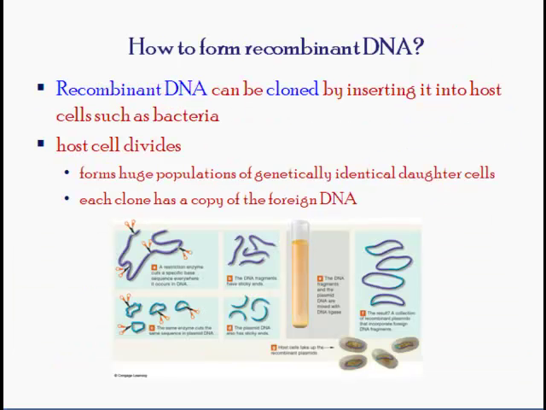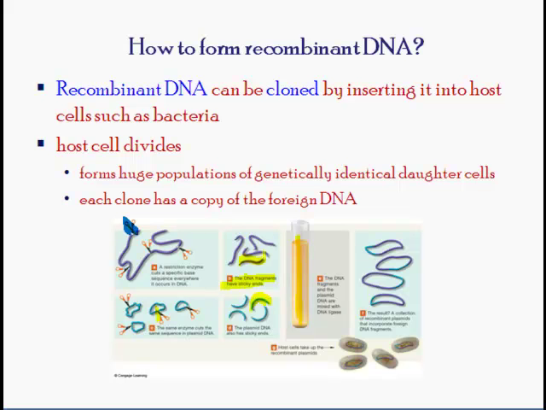Here is an example of the same steps, but with better diagrams. You can see the scissors that are used are your restriction enzymes. I'm going to change the color over here, and you can see that the scissors are also cutting these plasmids, and then the plasmids and the DNA fragments are put together in this container and mixed, in which then you will attach these lighter blue pieces.